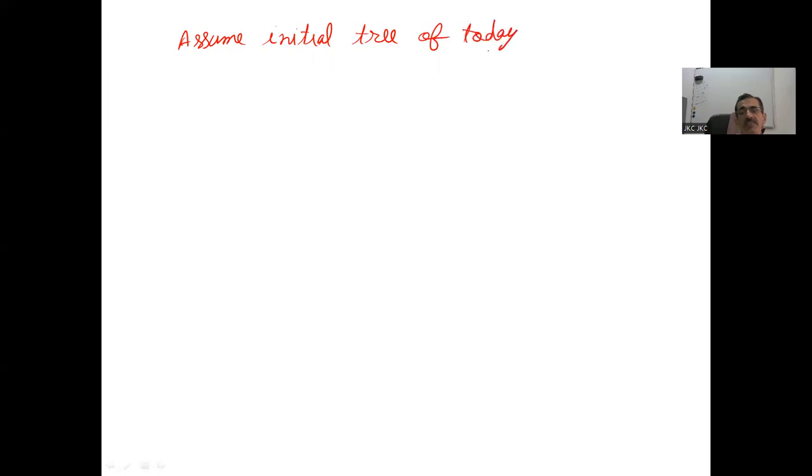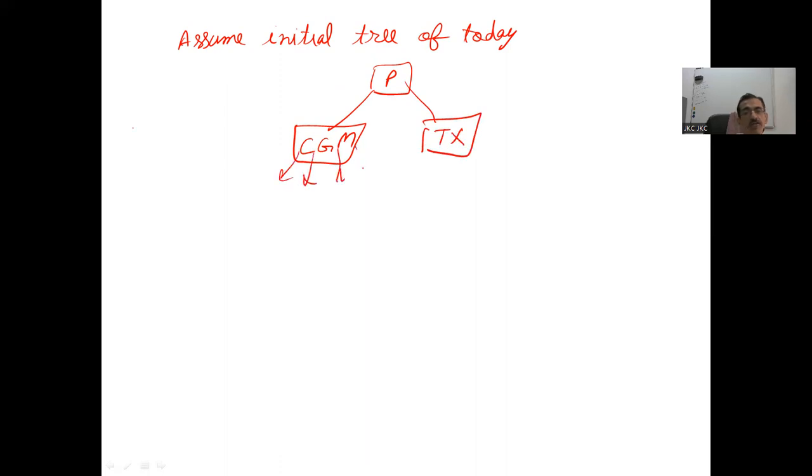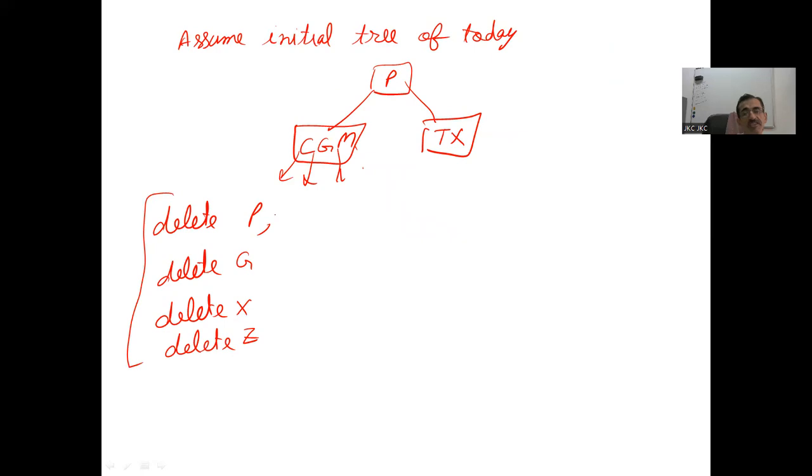For example, we discussed the initial tree having P here, then here C, G, M, this side T, X, and so on. Then try deleting P, then delete G, then delete X, then delete Z. Try these one by one. The first case itself will be the interesting case, and you will understand what exactly is to be done.